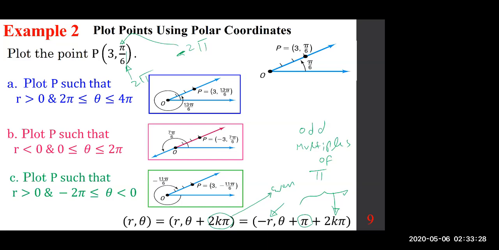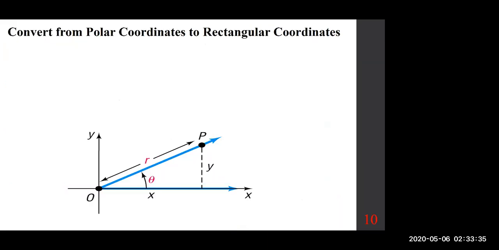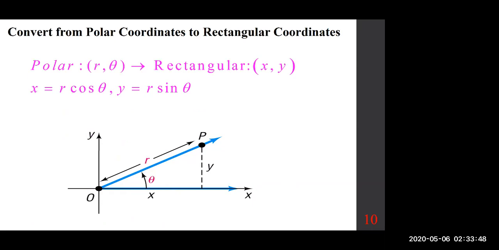So here's the next one. If you want to convert from one format to the next, it was already discussed, so I'm refreshing your memory about what we said. Okay, class? x is r cosine theta, y is r sine theta.